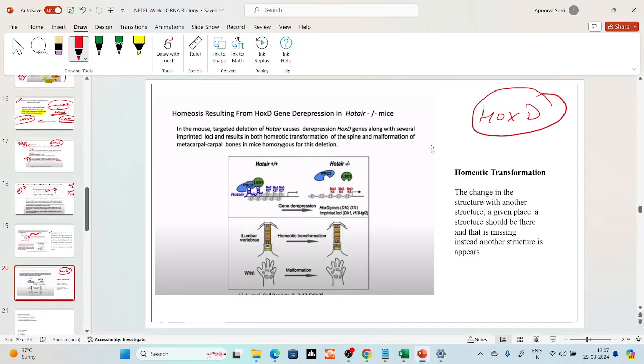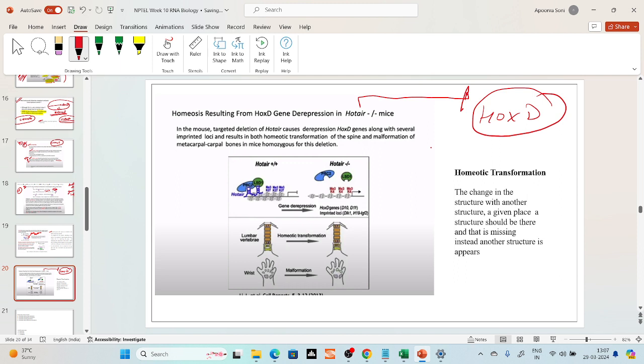Okay, fine. So see, this HOTAIR long non-coding RNA is responsible for the repression of the HOX-D gene. But if this is knocked out, then what will happen? There is no HOTAIR. That means there is no repression of HOX-D. That means it is de-repressed.